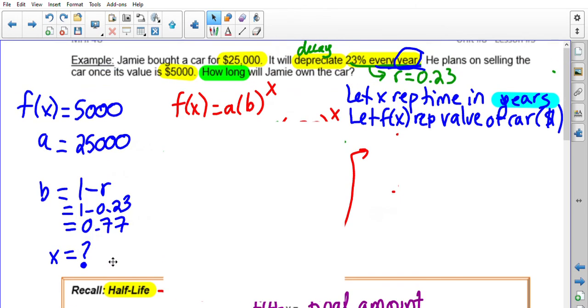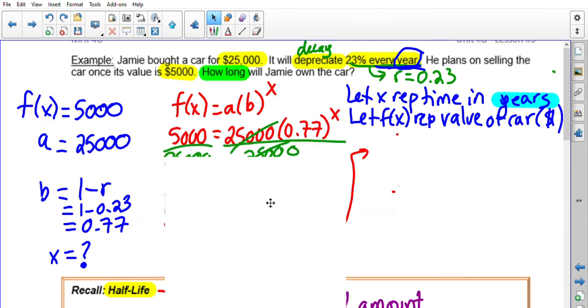If you're wondering what that number means, it means the value of the car maintains 77% of its value every year. The rate tells you how much it loses. The factor tells you how much of itself remains. And x is our question mark because it's asking how long, so time.